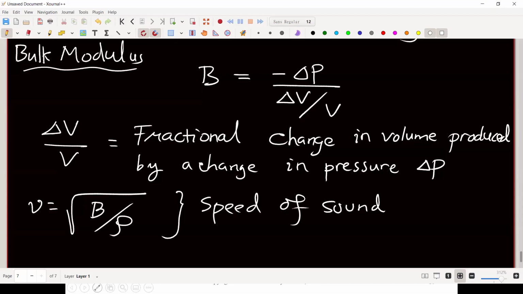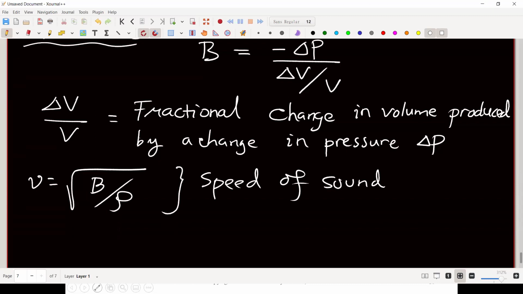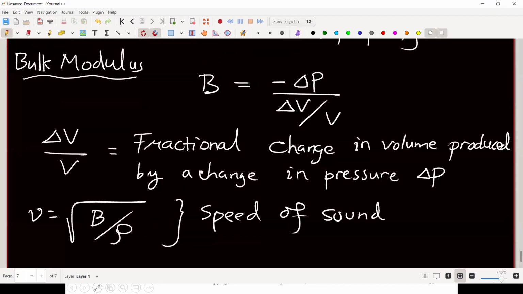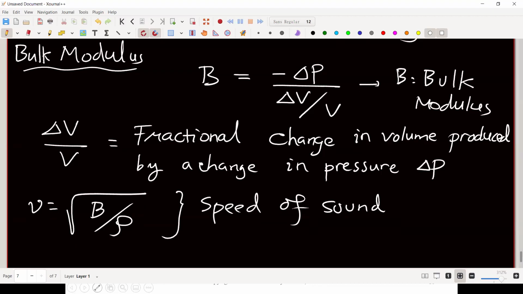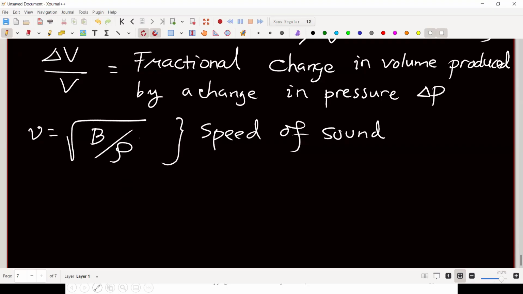Okay. If we know that force is mass times acceleration, right? So this one B is bulk modulus. Then we recall again the force is mass times acceleration.